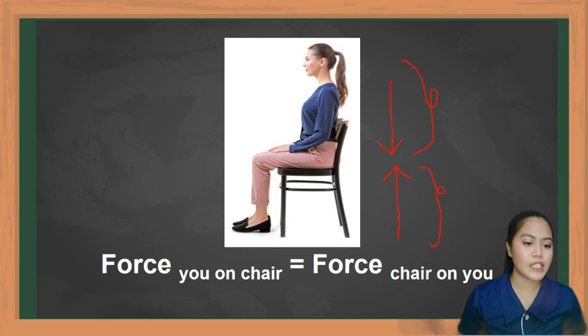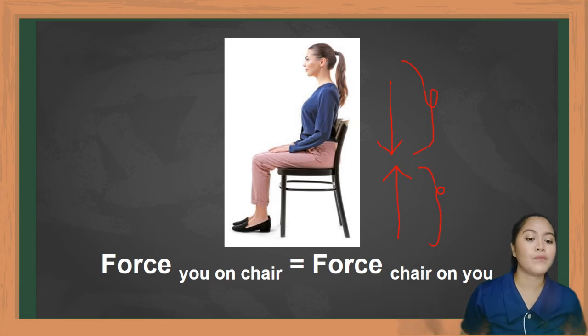So this force that the girl exerts, we call this the downward force or the action. And the force that is being exerted back by the chair is what we call the reaction force or the upward force.